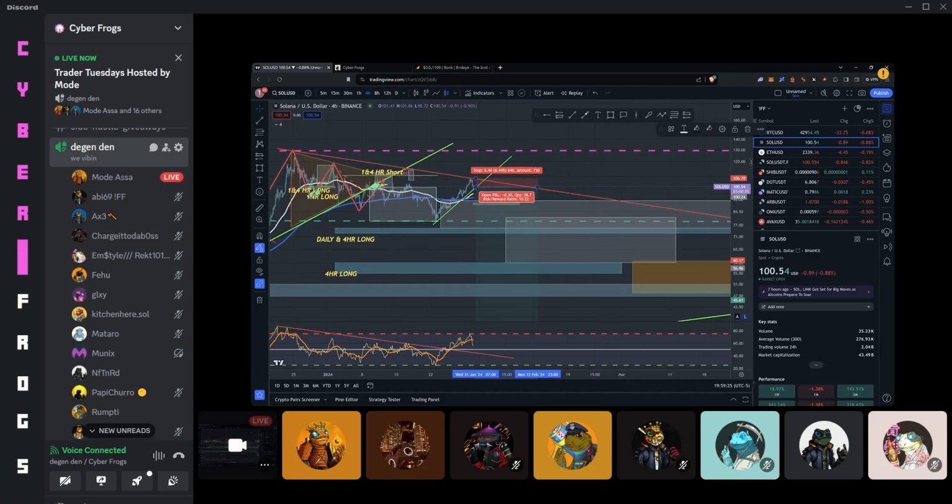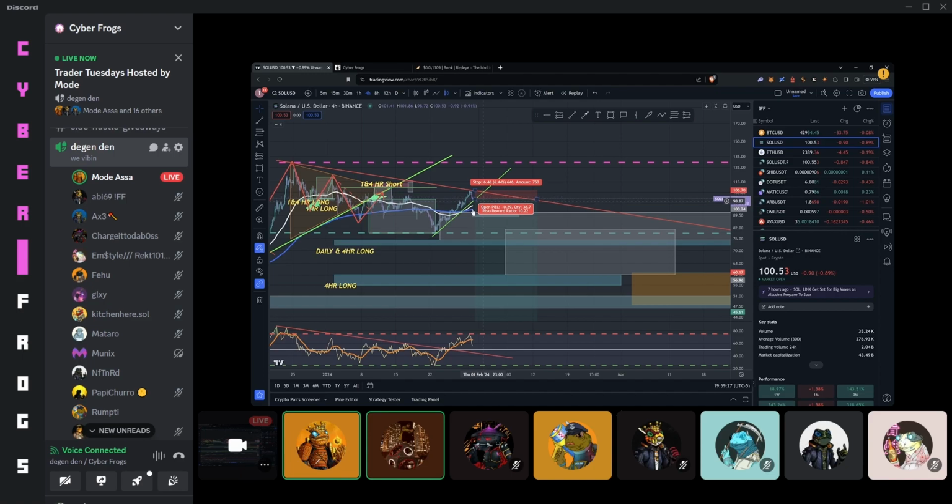But you may want to see if we do hold that resistance, or we may possibly see it come up to here. We may see it pump and find resistance up here.